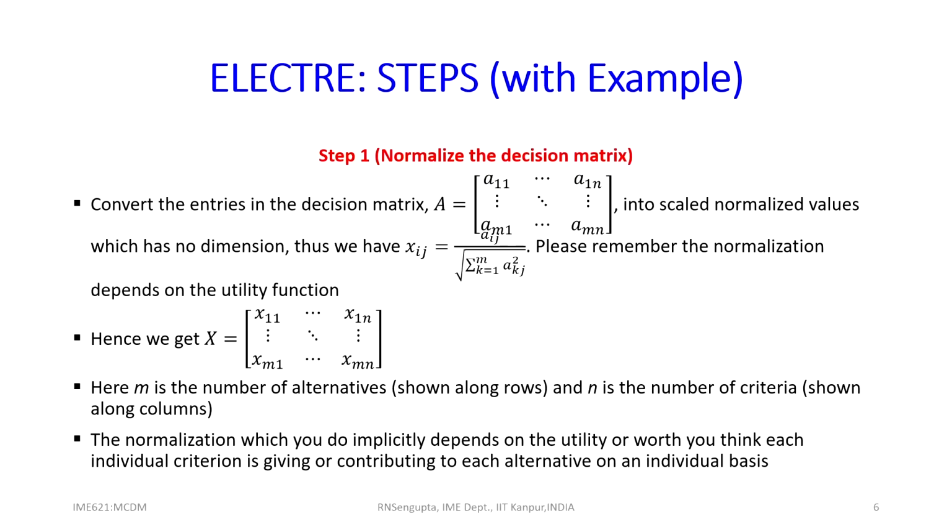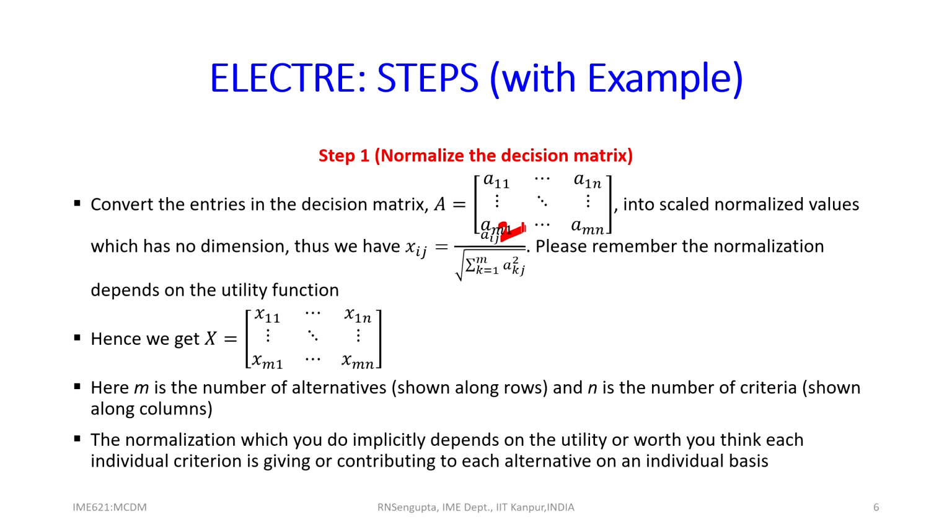The concepts and the methodology remain the same. Maybe the nomenclature, whether you want to call it X or R normalized vector, that symbol would be different, but there should not be any confusion. So, you convert the entries in the decision matrix X or A into a scale normalized value. So, this would be the square.